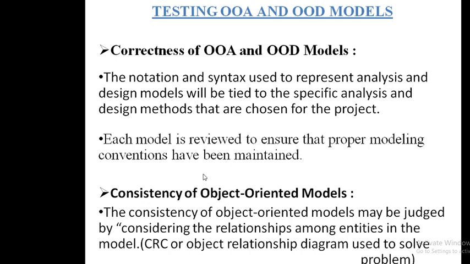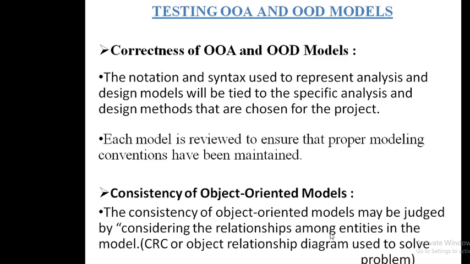Then the second one is consistency of object oriented models. We know very well what is meant by consistency. Consistency means being without any problems, confusions or ambiguities. How can we maintain consistency in object oriented models?